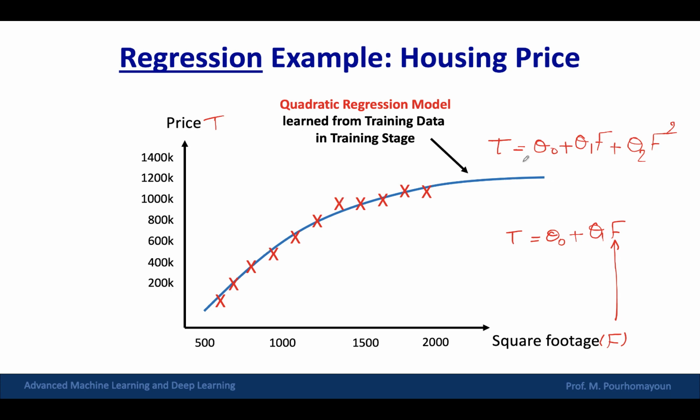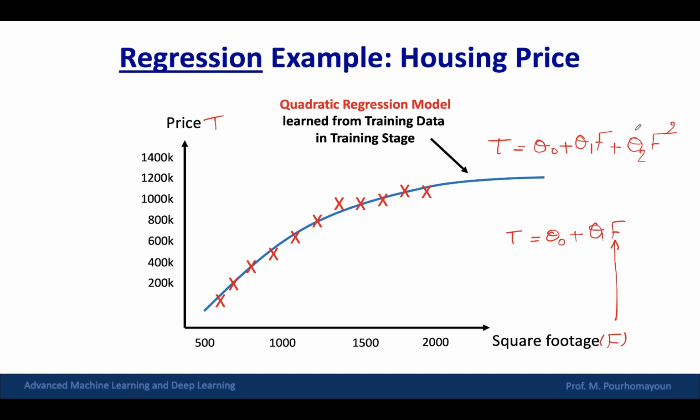There are two different ways to do it. One technique is to use this model and train it from scratch. You think that you have 3 parameters and run whatever method you use, for example gradient descent, to find theta 0, theta 1, and theta 2 for this new model. Okay, so this is one technique.